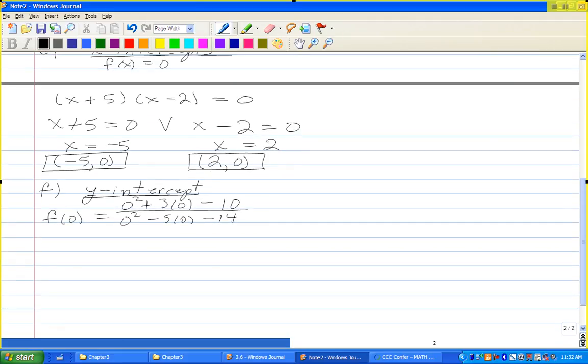And so you get negative 10 over negative 14, so 5 over 7. And so the y-intercept is at 0, 5 over 7.